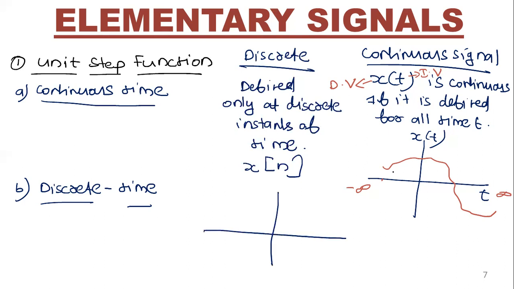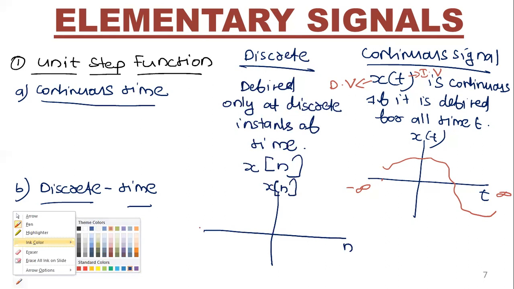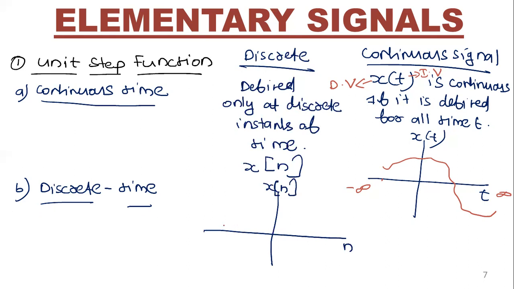If we are talking about the same signal x of t and you want that to be represented as x of n, the value of x of n will be present only in a discrete form like this. So for every value of t, x of n is not defined here. We don't know the value of x of n here.